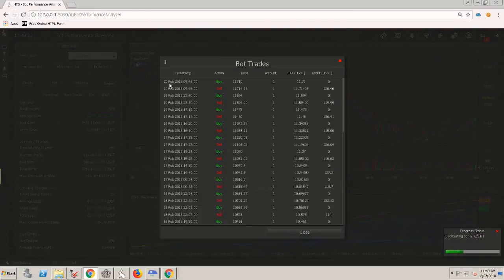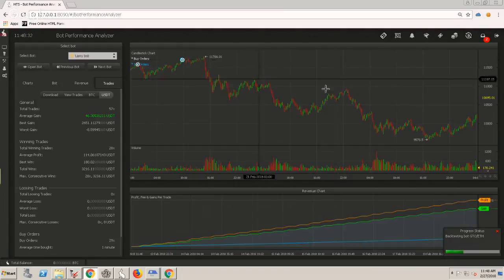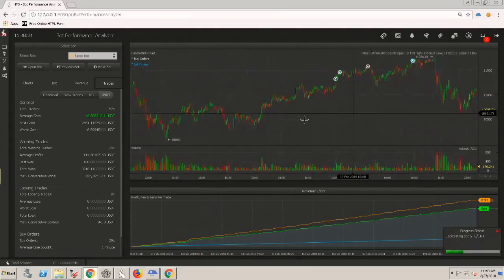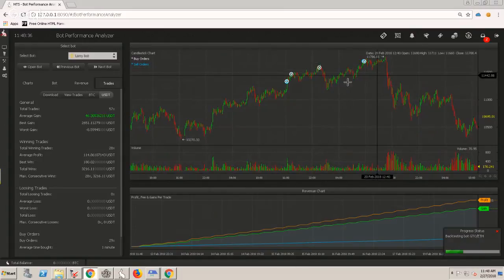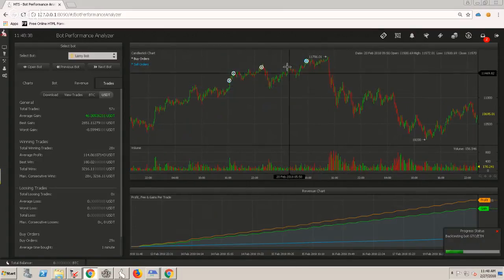Where's the last trade? 20th. So now I guess it got stuck further. No, it's still there. It's still stuck there. That's weird because it affected the outcome, and yet you don't see the sell on that dip.